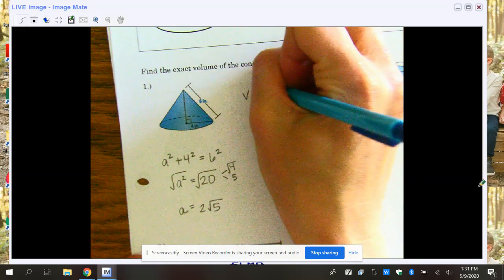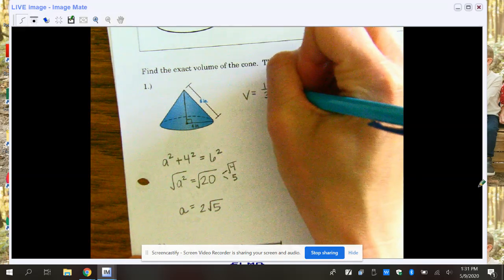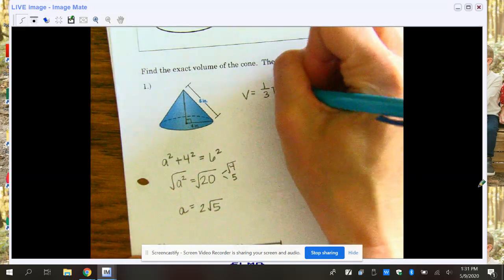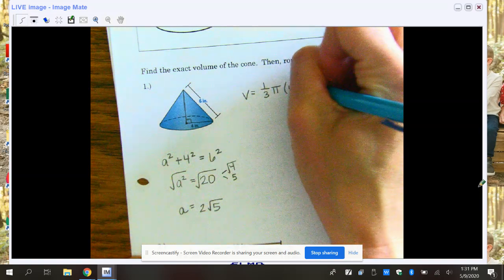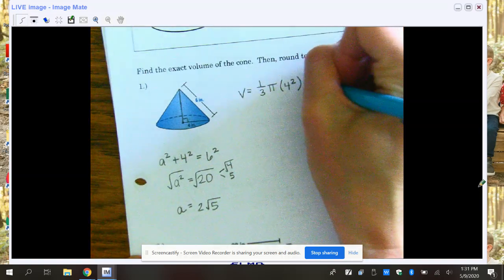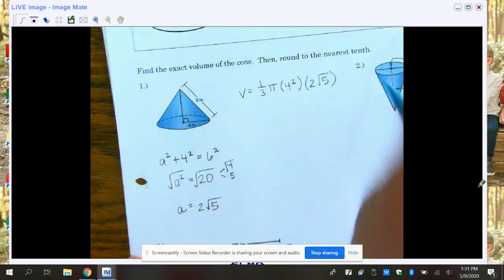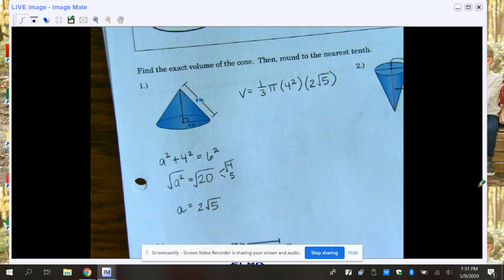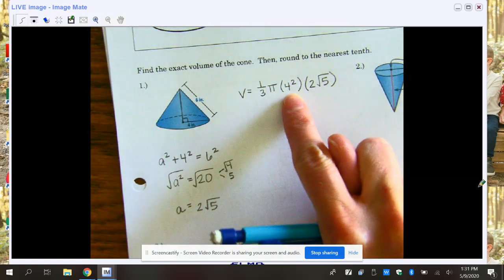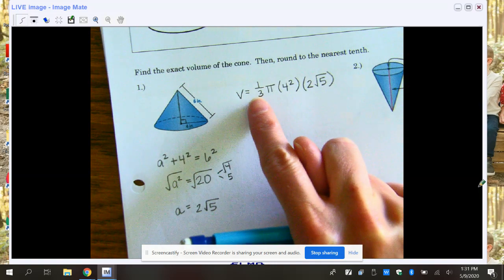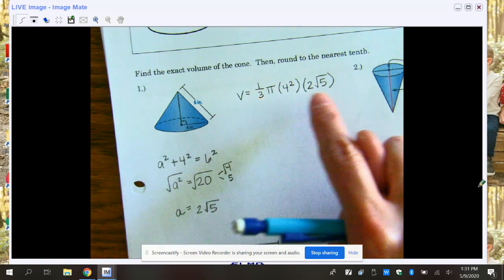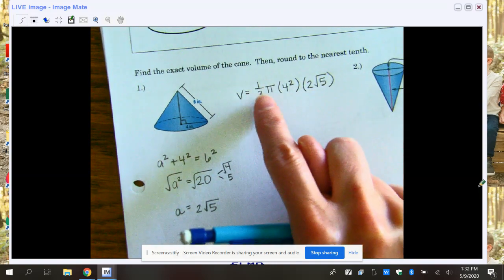So this is going to be 1/3 times pi times r squared times h. Okay. And I can already tell that this is going to be a little bit of a messier exact answer because 4 squared is 16. 16 is not divisible by 3. 2 is the number out here.